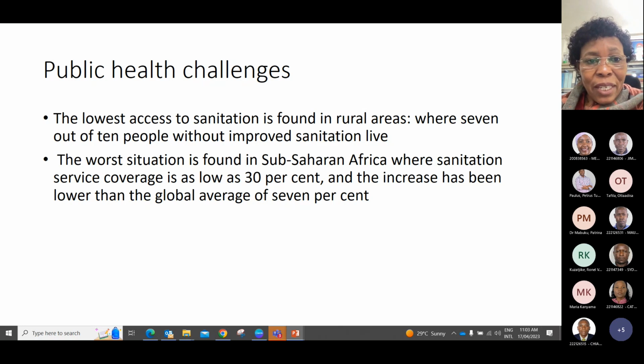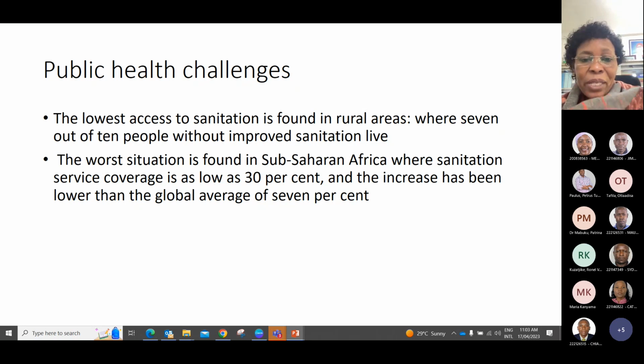Literature informs us that the worst situation is found in sub-Saharan Africa, where sanitation service coverage is as low as 30%. And the increase has been lower than the global average of 7%. You can see how big the problem is.